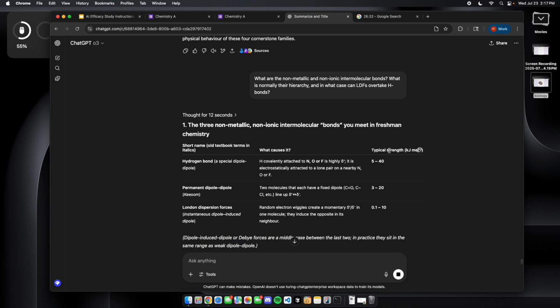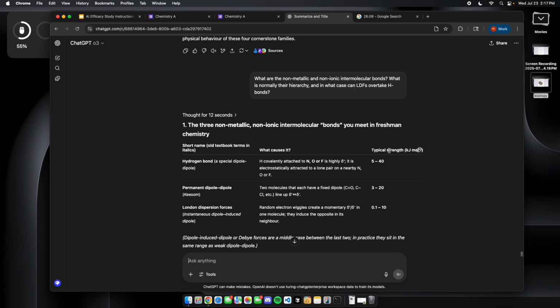The 3 non-metallic, non-ionic intermolecular bonds you'll meet in freshman chemistry. The 3, okay. Hydrogen bond, a special dipole.